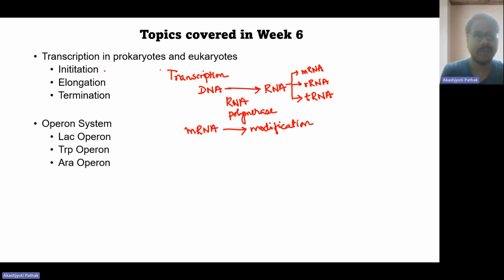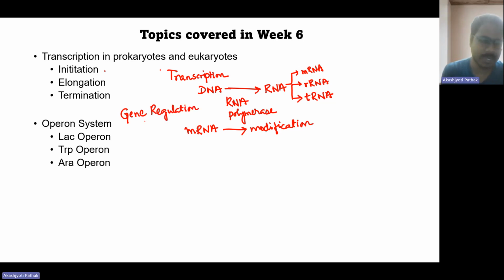While in case of eukaryotes, the transcription takes place in the nucleus, translation in the cytosol, and there have to be modifications taking place in the mRNA so that the subsequent synthesis of the protein can take place. Okay. And then we discussed about the gene regulation. What is gene regulation?